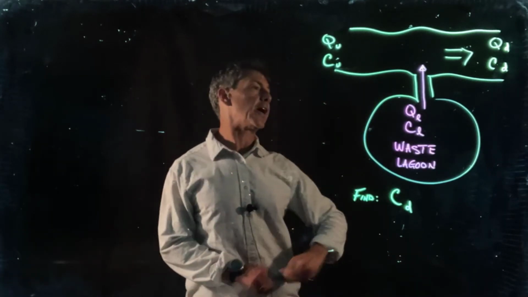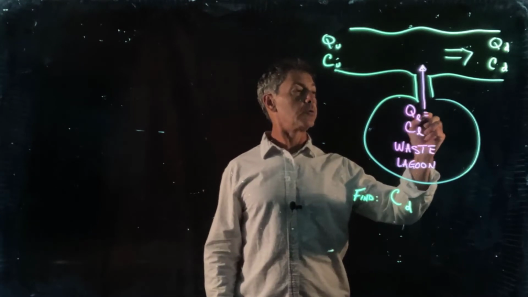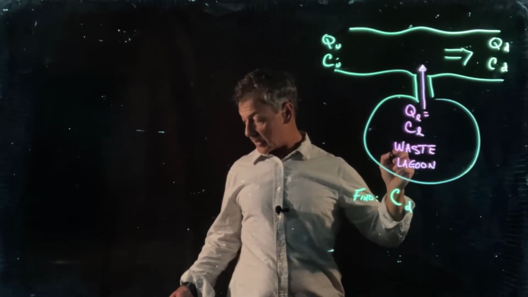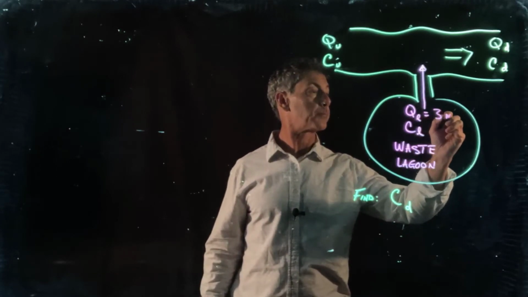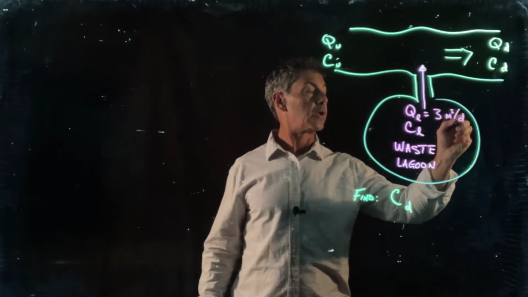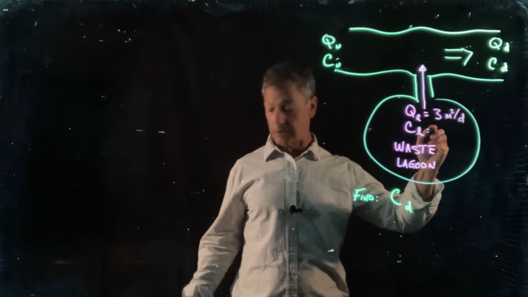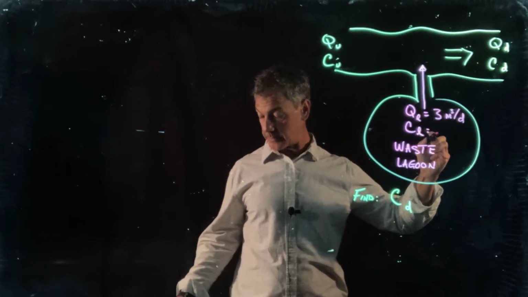And we're told that the lagoon discharge is 3 cubic meters per day, and that the concentration is 2 grams per liter.